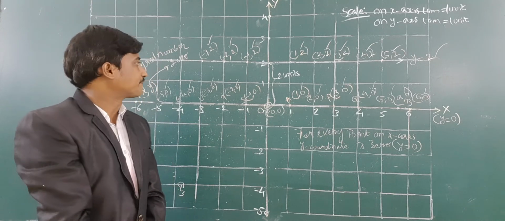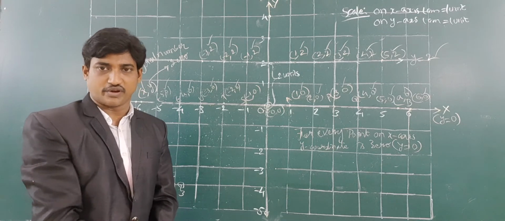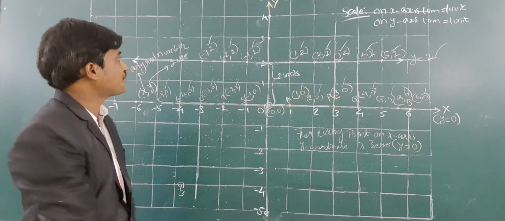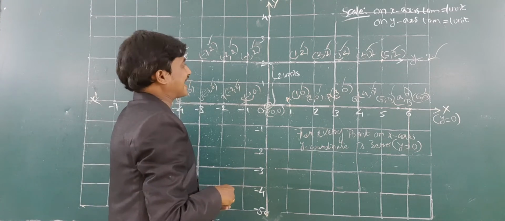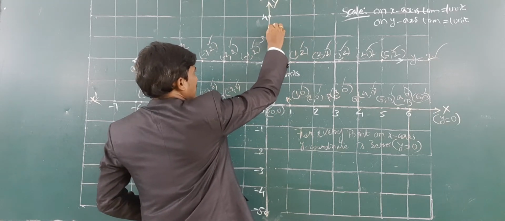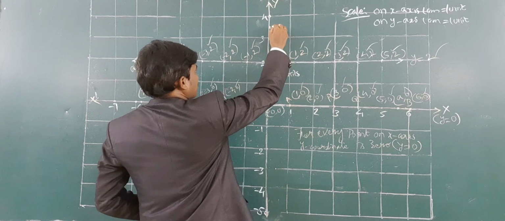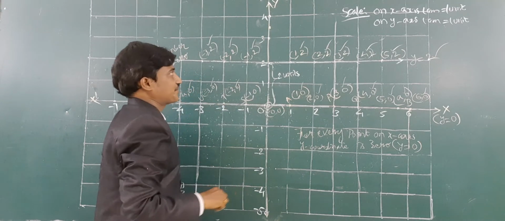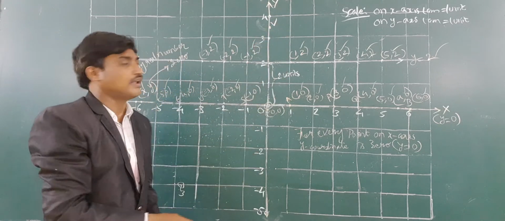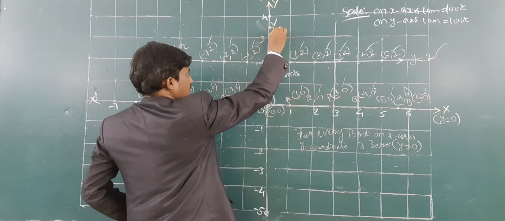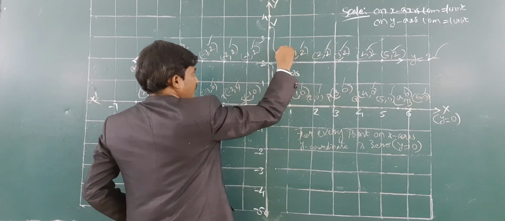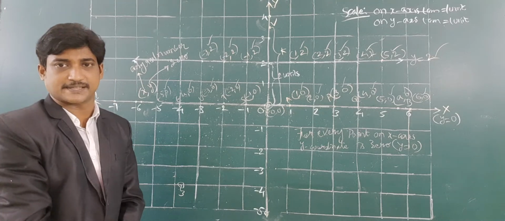On the other hand, if we take a line which is at a distance of k units from the x-axis, here let me take this as a point V. V is at a distance of k units from the x-axis.